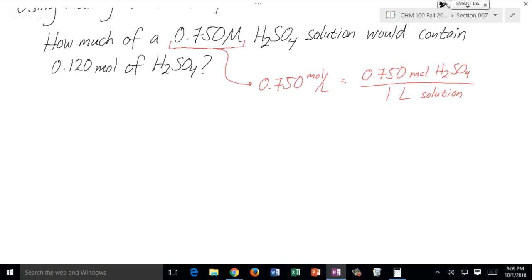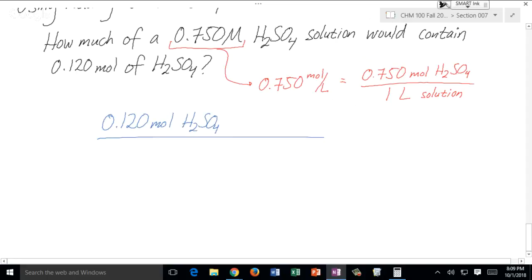All right, so now that we have that, we see how it kind of looks like a conversion factor with moles on one side and liters on the other side. The rest of the problem is just like the conversion problems we've done in the past. We'd start with that 0.120 moles of H2SO4. That's how much we need. And we want to convert those moles to liters because the question is asking how much of the solution, how many liters of the solution.